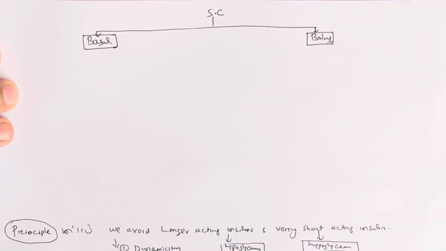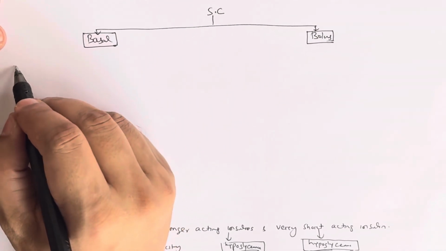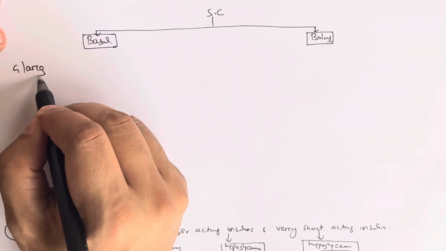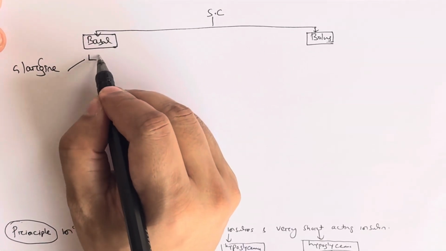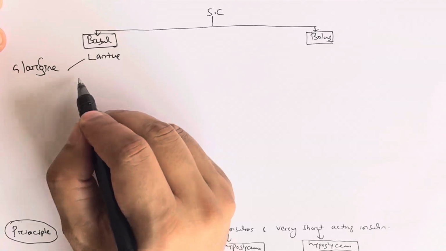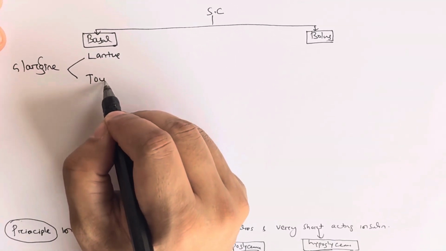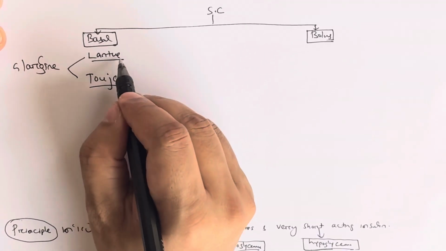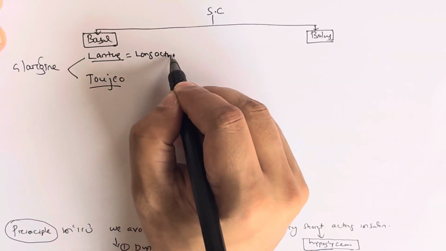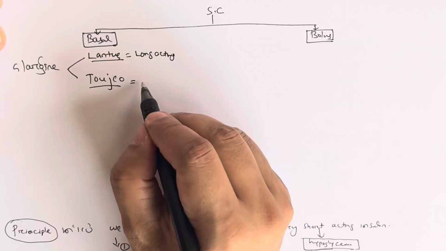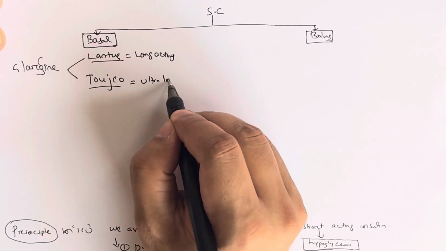For basal insulin, there are basically two types, right? One is Glargine. In the Glargine, we have Lantus, we have Toujeo. Lantus is long acting and Toujeo is ultra long acting.